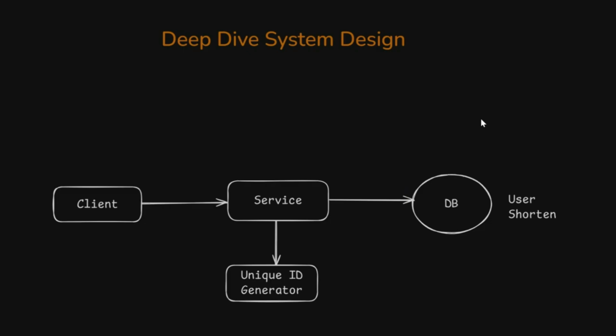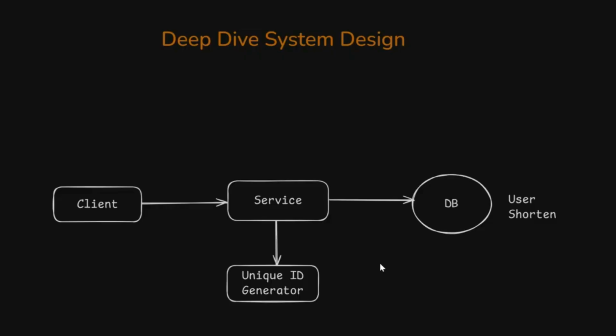Okay, so the basic flow would work fine, right? But for a scalable system, when we are getting hundreds and thousands of requests, let's try to identify the deep dive discussion pointers, keeping scalability and security in mind.